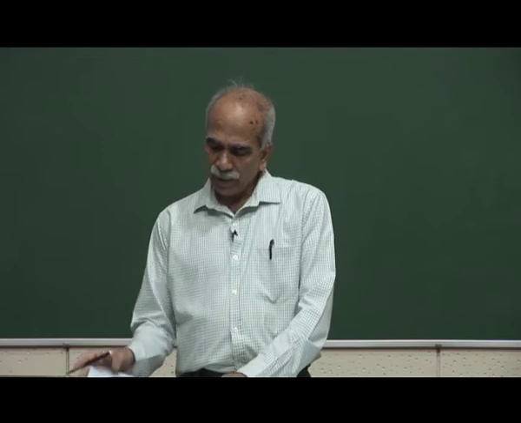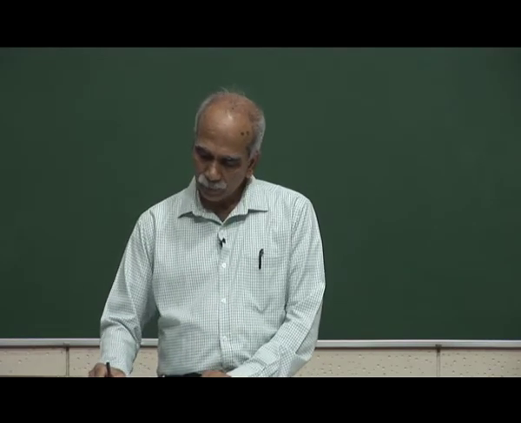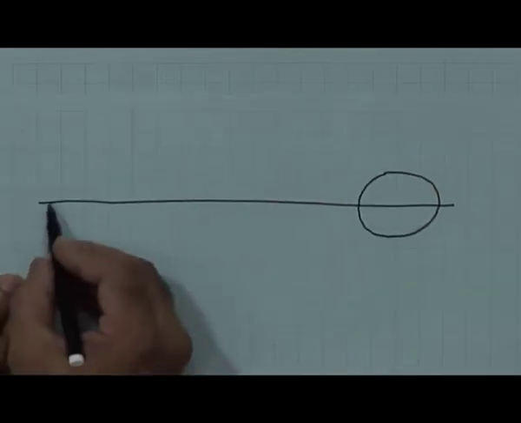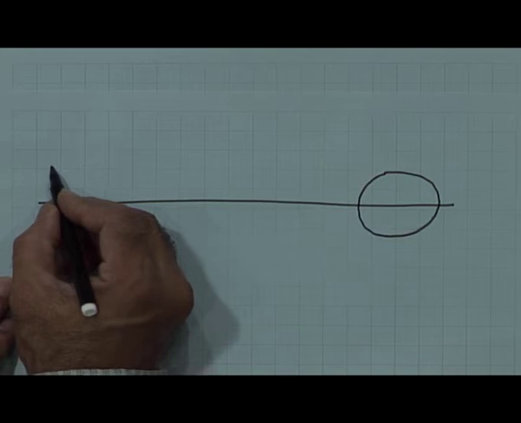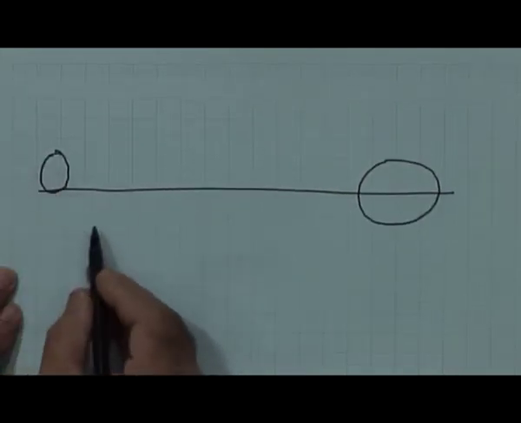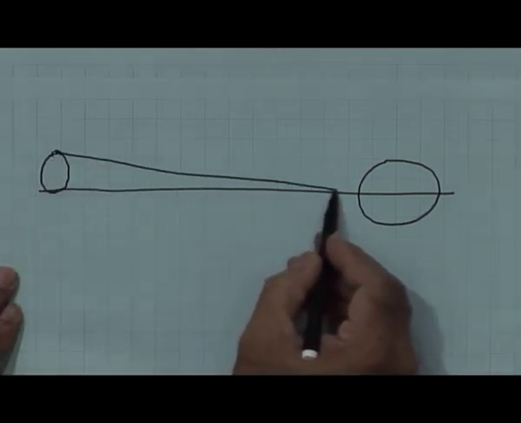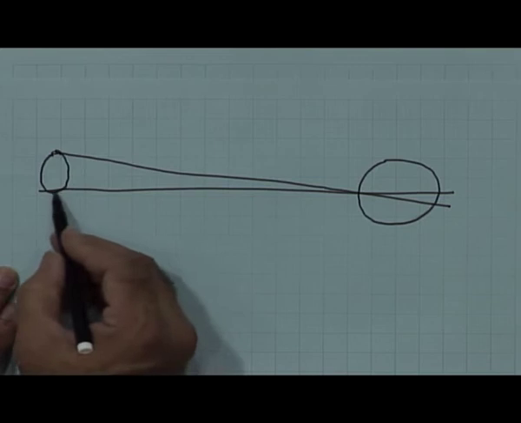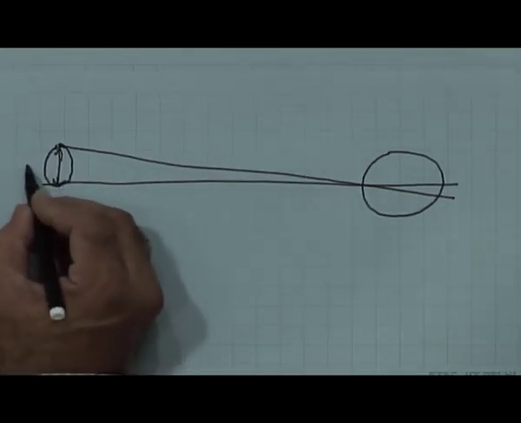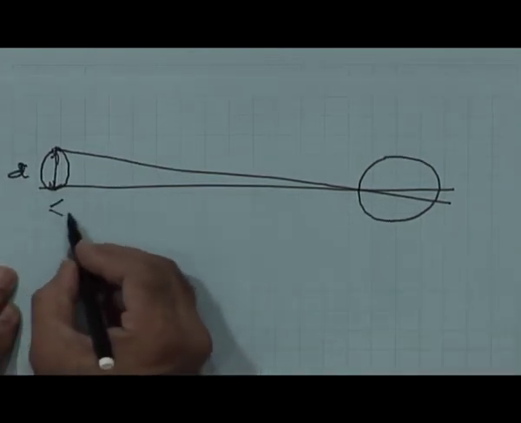So, here is the eye, a distant object here, maybe the sun or moon. Now, this subtends an angle. So, this is the diameter, let me use small d, and at a distance L.